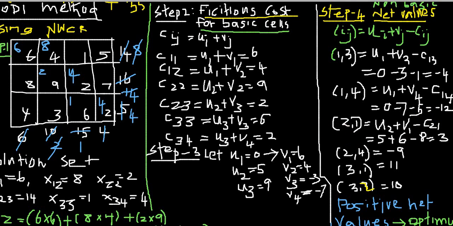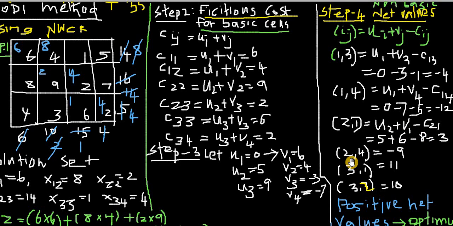Similarly 2 comma 1, this is the next non-basic cell. In that non-basic cell, use this particular formula. You will get u2 plus v1 minus c21. From this calculation, u2 is equal to 5, v1 is equal to 6, minus the transportation cost here, 8. So 11 minus 8 equals 3.